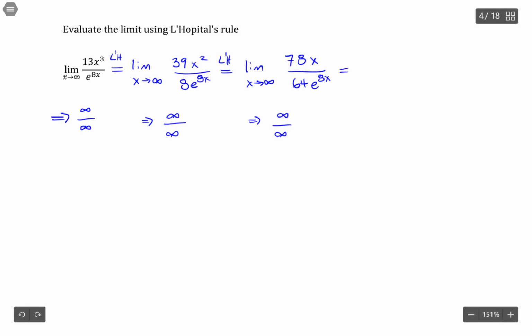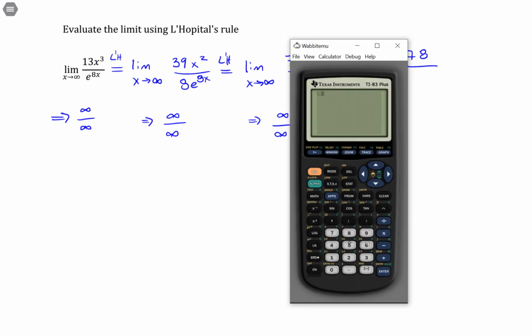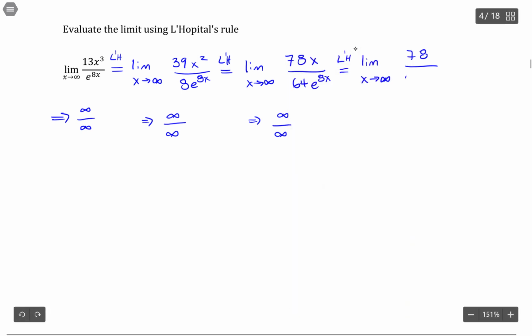And on this next iteration of L'Hopital's rule, we end up with a constant in the numerator, and then 64 times 8, that's 512, so 512 e to the 8x.